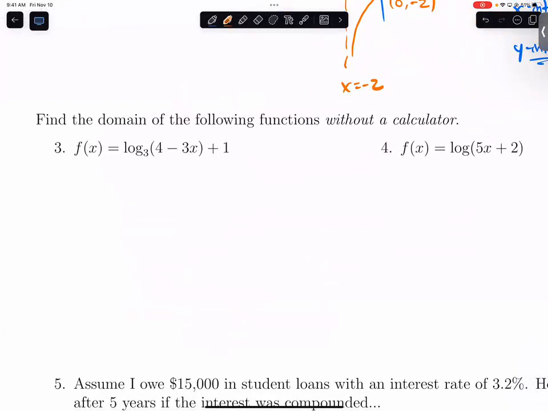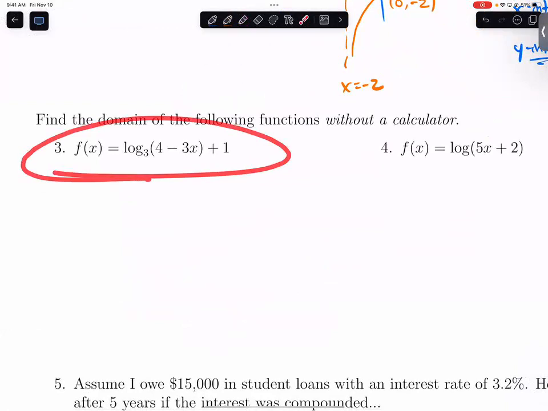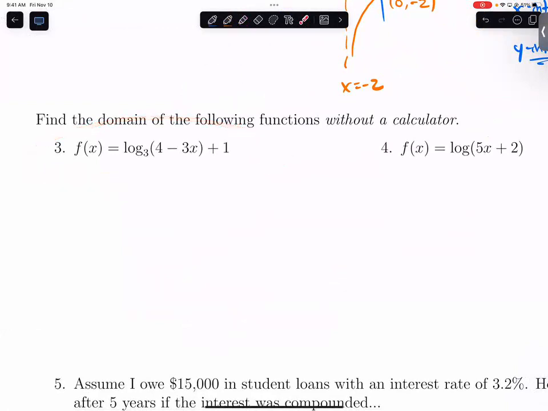Again, the without a calculator part, what I really mean is, you're going to have to work out some details, right? I don't mean that you can't look at a graph or whatever, but for finding the domain for something like this, what does that +1 do? Shifts it up. So does it matter at all for finding the domain?